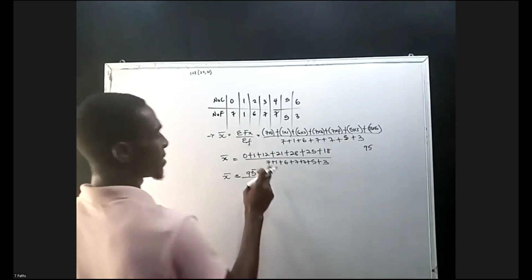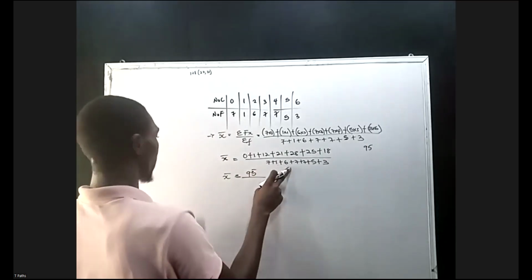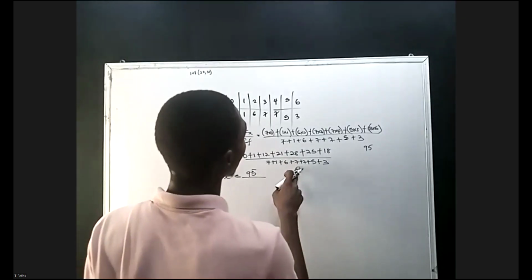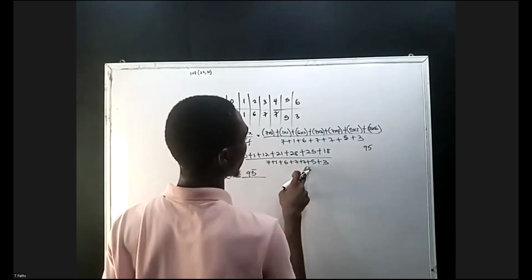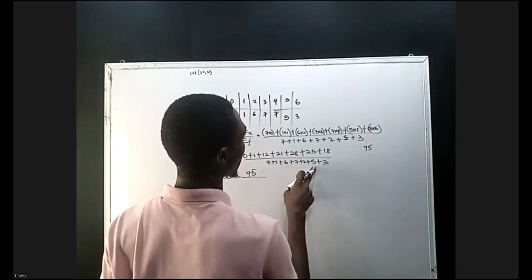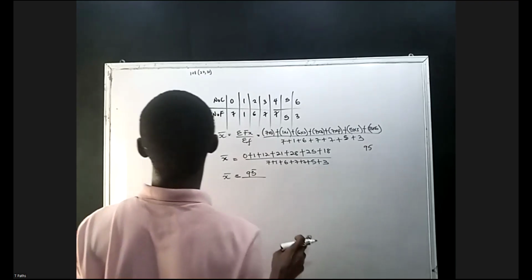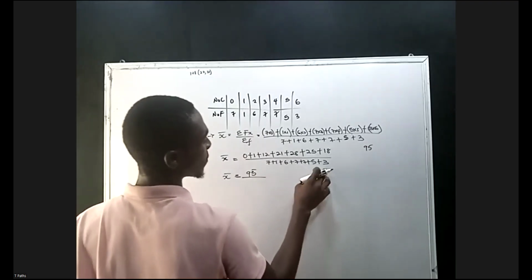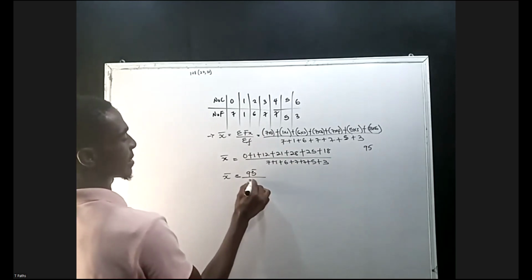Divided by 7 plus 1 is 8, plus 6 is 14, plus 7 is 21, plus 7 is 28, plus 5 is 33, plus 3 is 36.